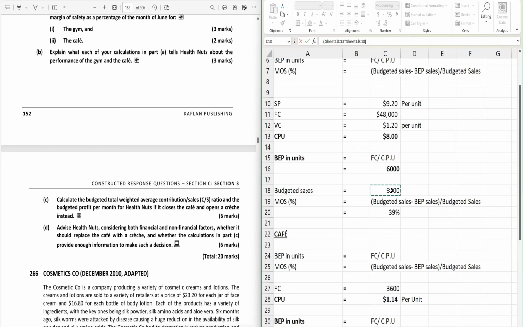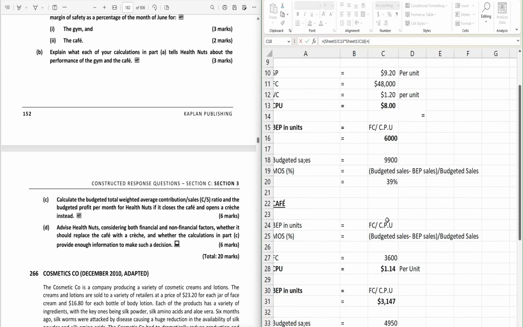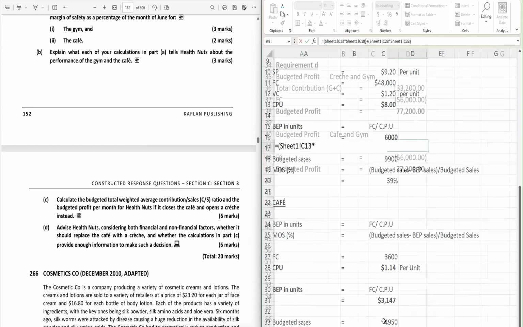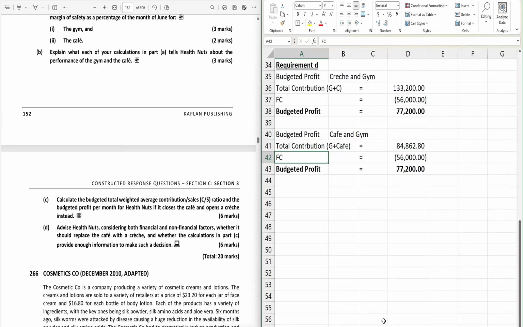So this is for the gym, and for the cafe the contribution is this into the number of units, 4,950, right? Adding these two will give us the total contribution for the cafe and the gym.